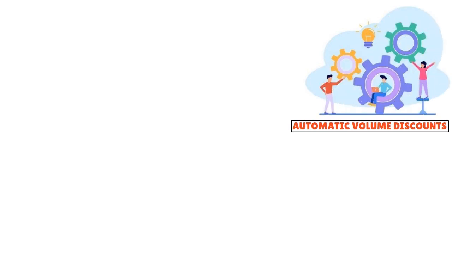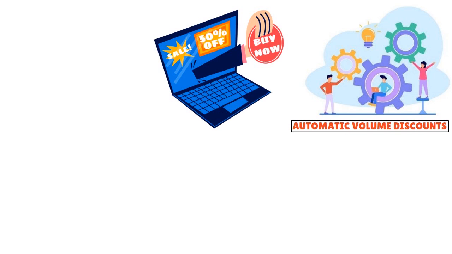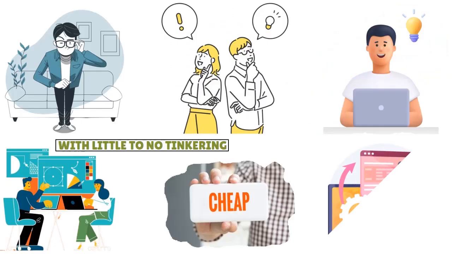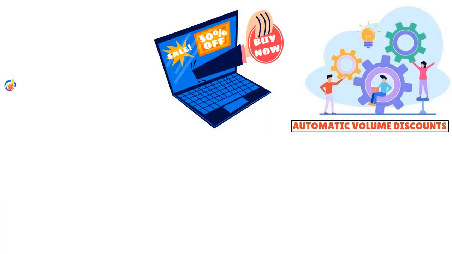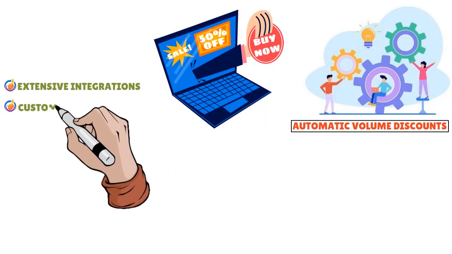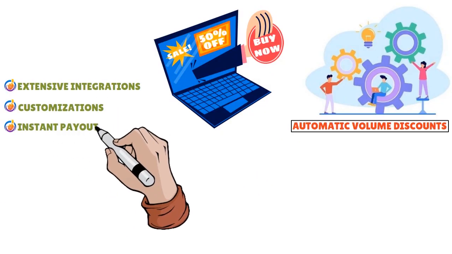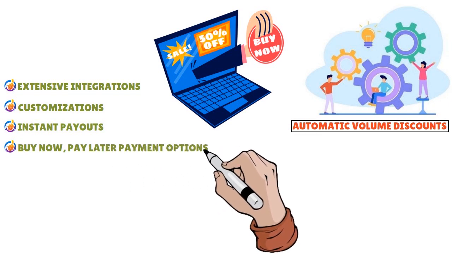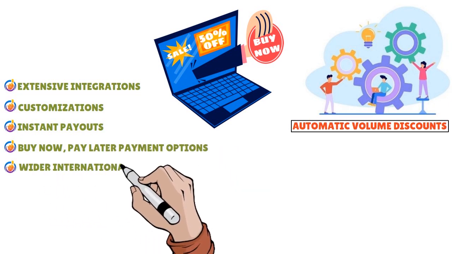Okay, and that's a biggie, right? Now there are certain things that Stripe offers that Helcim does not. Let me give you an example. Stripe offers several features and capabilities that Helcim does not, including extensive integrations, customizations, instant payouts, buy now, pay later payment options, and wider international support.